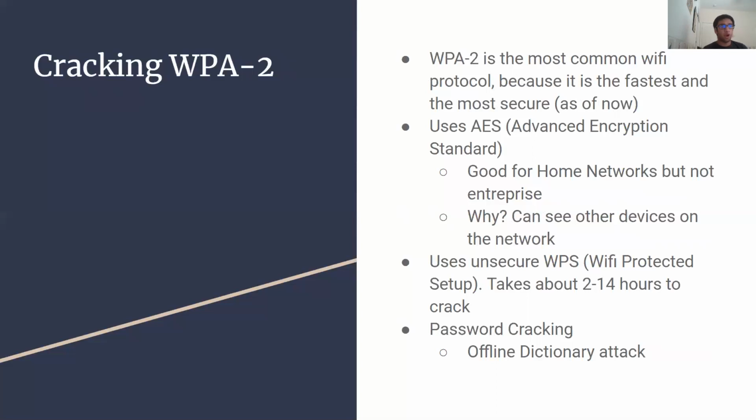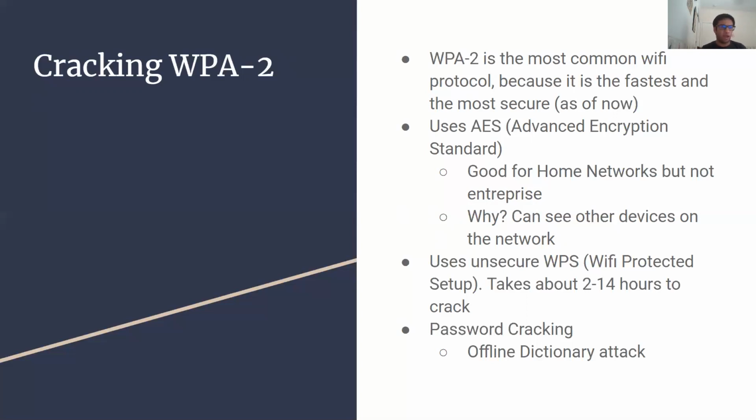It's good for home networks, but not for enterprise because you can see other devices on the network. It uses the unsecure WPS, Wi-Fi Protected Setup, which I was talking to you guys about earlier as well.